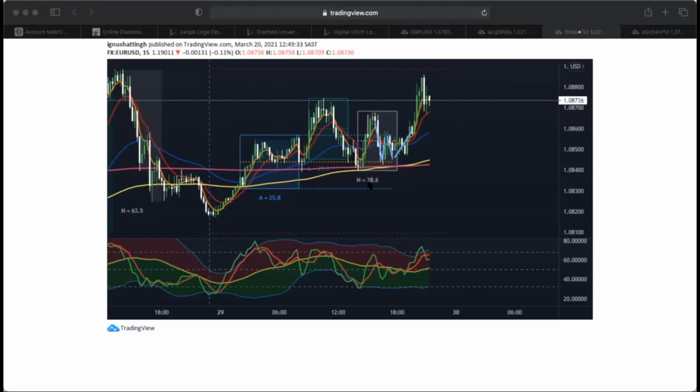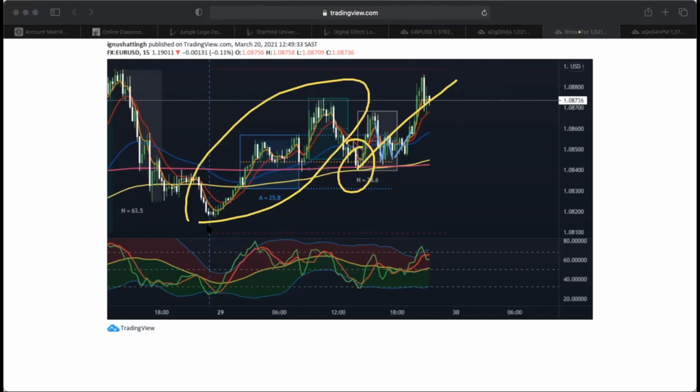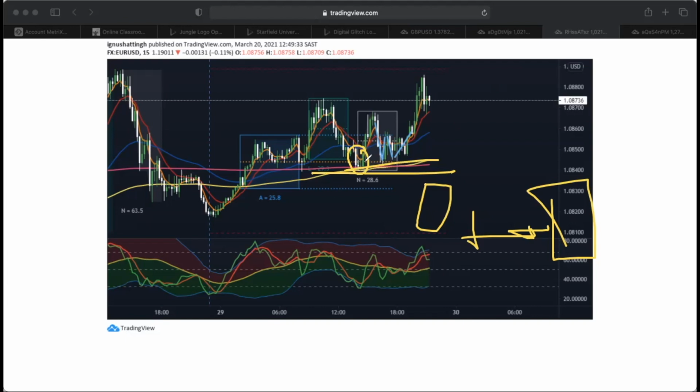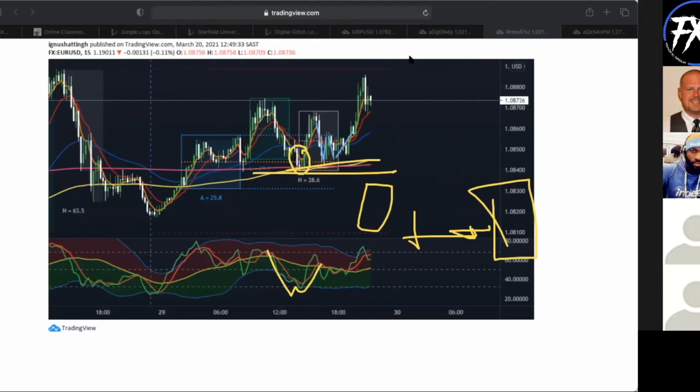So for me, this right here is a continuation trade because you had a huge move from Asia all the way to London, and then you had a pullback right at the beginning of the U.S. session, and then you end up getting that pattern that I talk about, which is a bar, 2 candles, and then a bar right there. Yeah. And it's also now pinning to the EMAs as well and to the middle of the range, and you get a W. I don't know how many confirmations you need. You know what I mean?